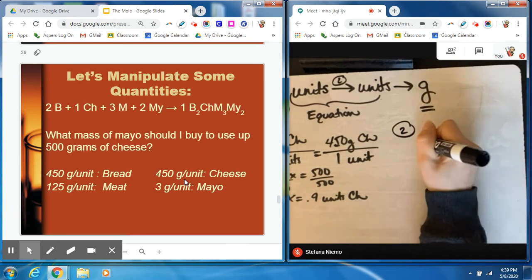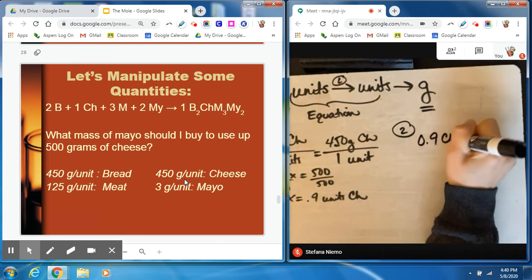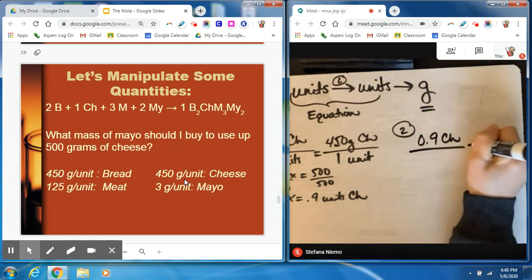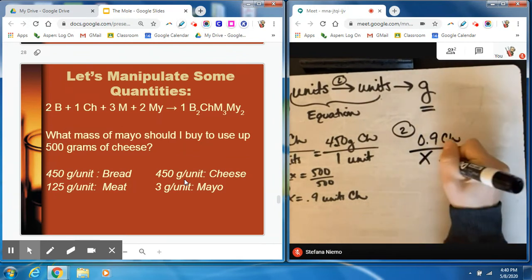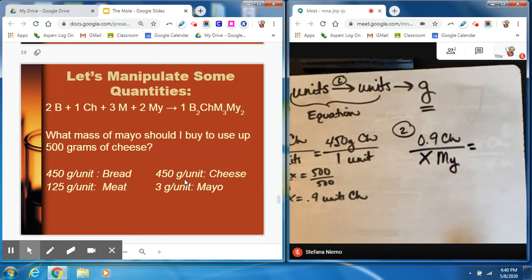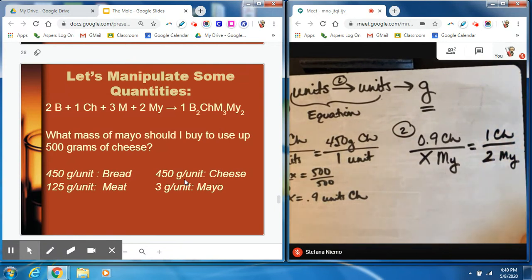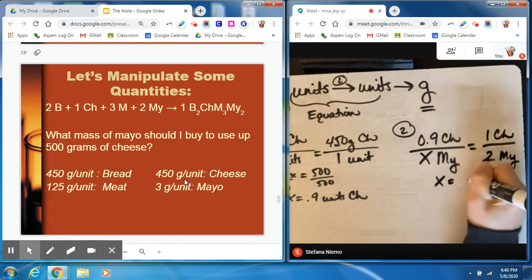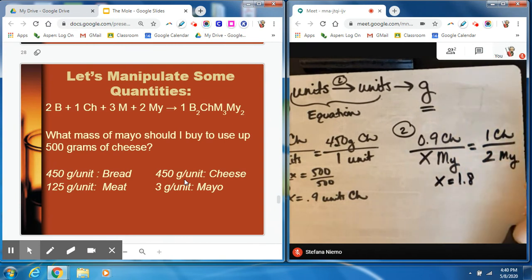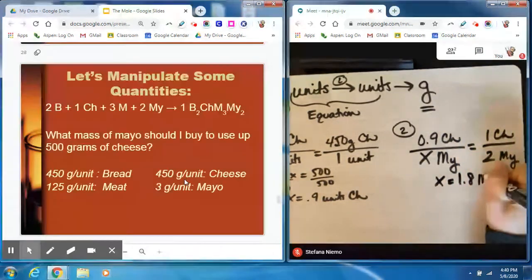If I have 0.9 units of cheese and I want to know how many units of mayo that means, looking at that chemical formula, I know that for every 1 cheese, I need 2 mayo. So we cross multiply and solve for x, and that is 1.8 mayo.